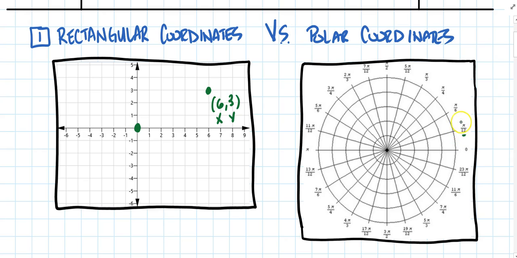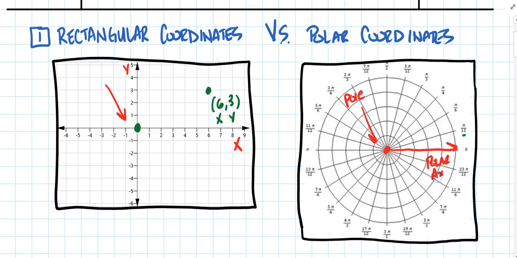The difference here is that instead of the point known as the origin, we have the point in the middle that's known as the pole, P-O-L-E. And instead of an x-axis and a y-axis, we only have one axis, which is glued down over here on the right-hand side, which is called the polar axis.